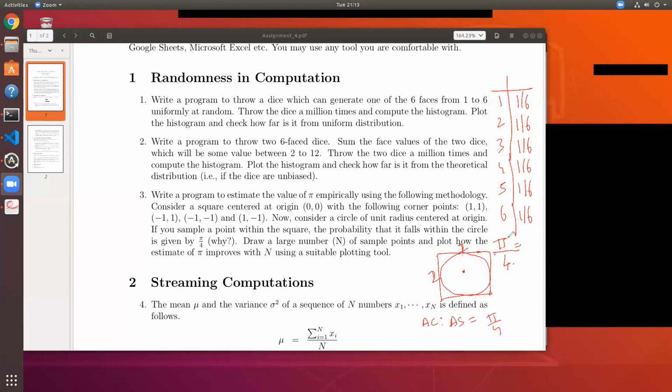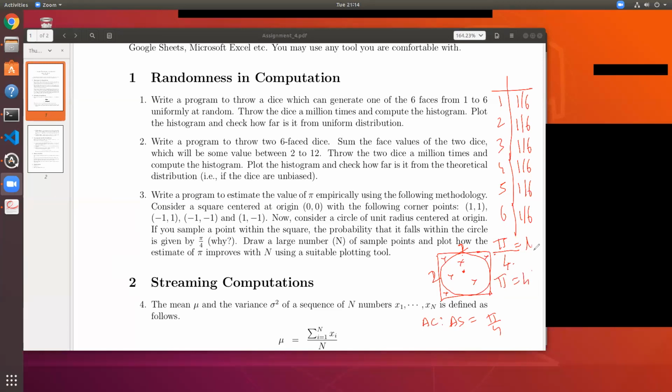You get some ratio, right? Using the program, you keep generating random points, some points will fall inside and some outside. You check that ratio, and let's say the ratio after n samples is ln, then your estimate of pi is 4 times ln.